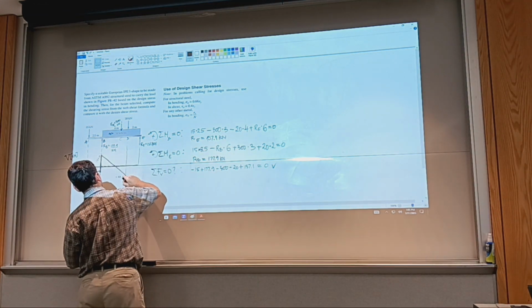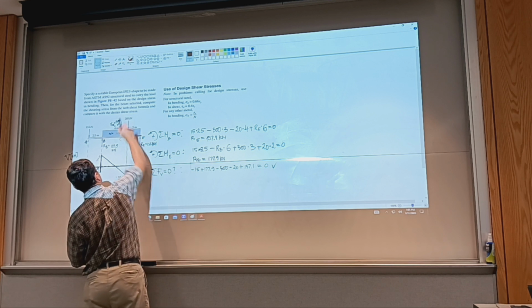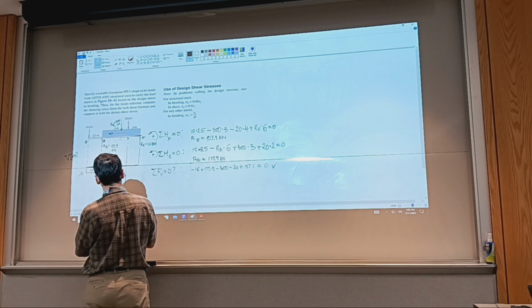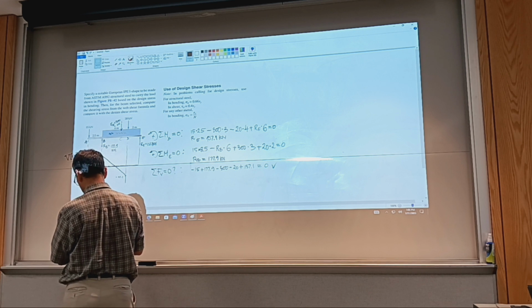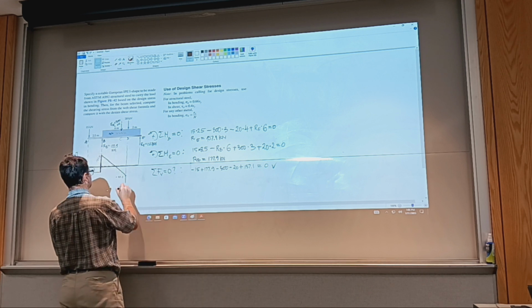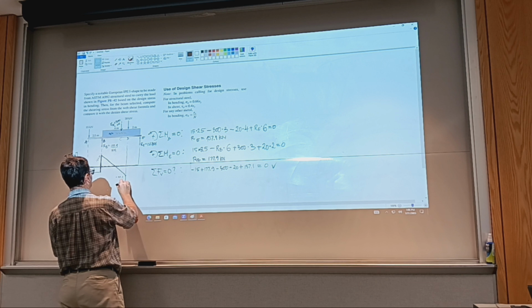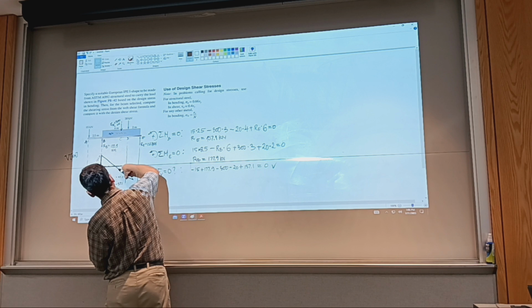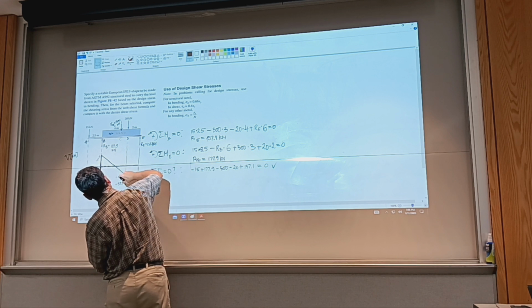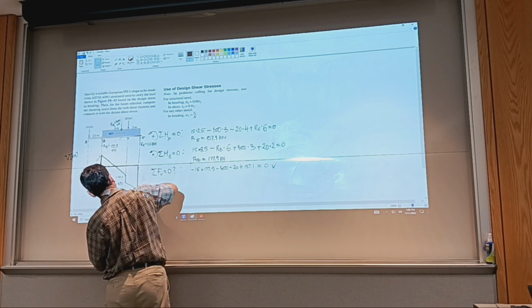So another drop because of this concentrated force. So I went to negative 20, so negative 57.1. Okay, and continue on the same slope. And then I close the diagram to 0.